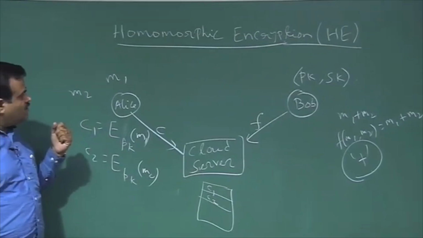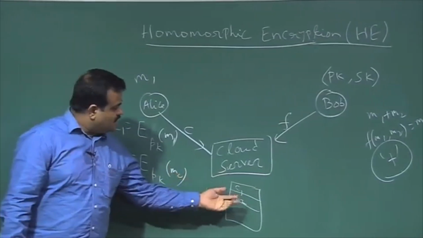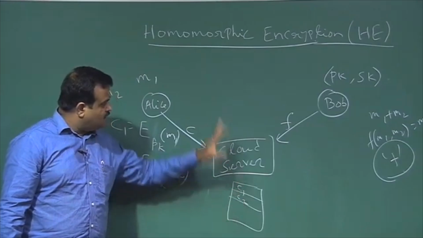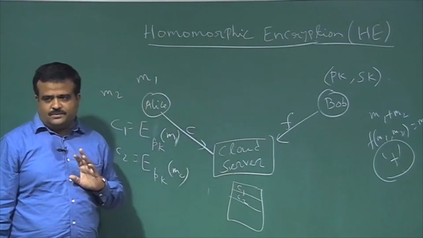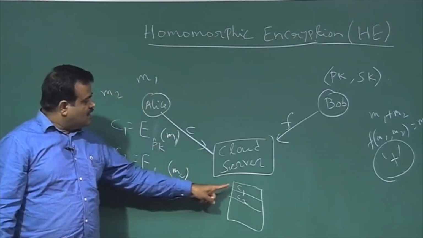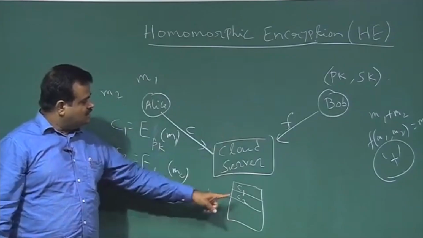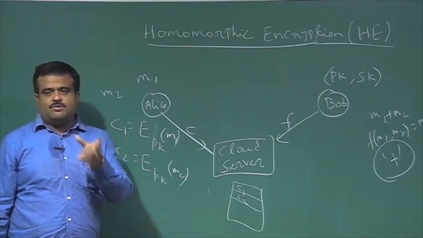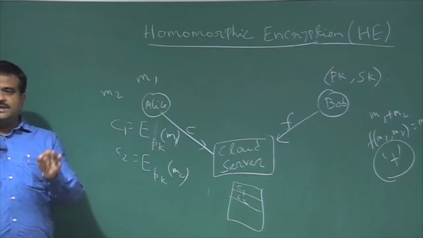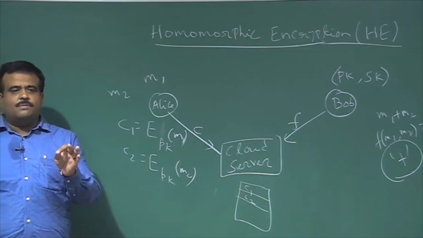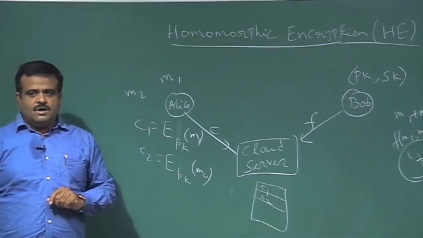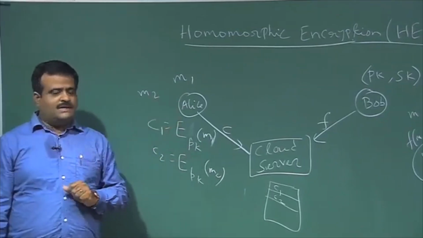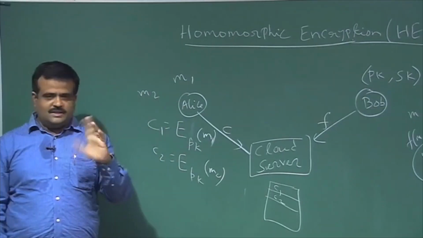So what can Bob do? If it is just public key encryption, the cloud can send C1 and C2 separately to Bob, and Bob will decrypt them, compute M1 and M2, and then compute F of M1, M2. This is the usual public key scenario.